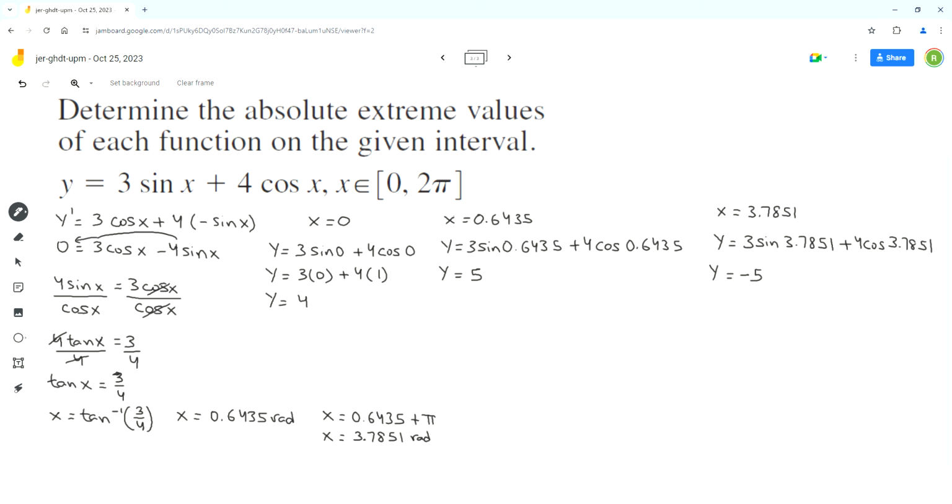Now we can do the calculation for x equals 2 pi, the upper limit of the given interval.